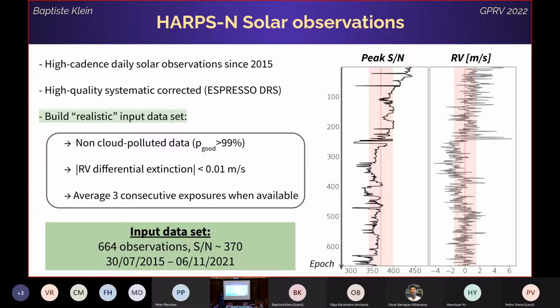We want to be more or less consistent and homogeneous in our way of looking at the sun, so we want to have the sun at the zenith at every observation. When available, we average 3 consecutive 5-minute exposures to build our time series of CCFs. In the end, we have 664 observations with a good signal-to-noise ratio.